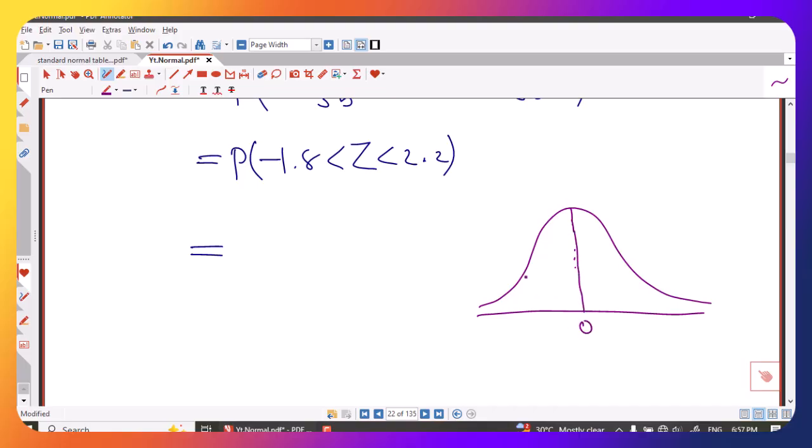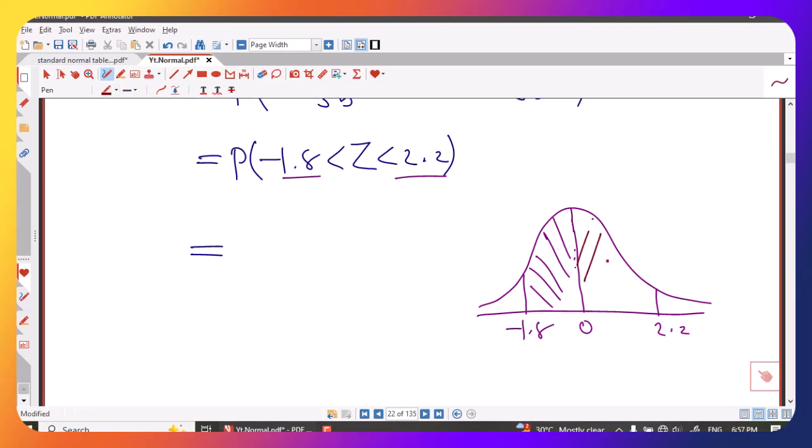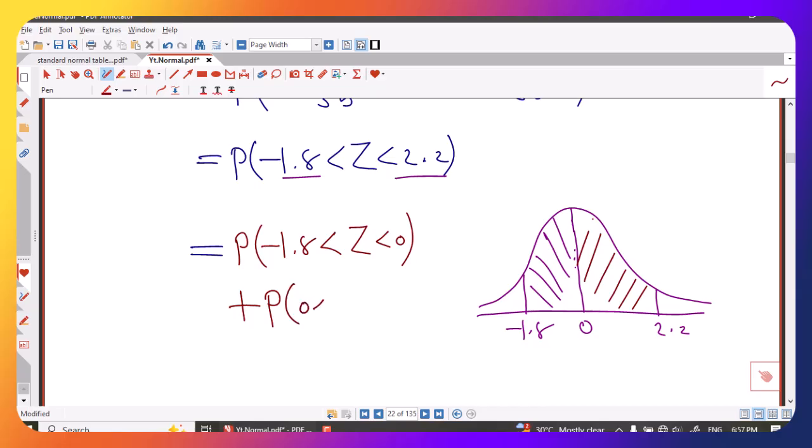Suppose this is 0, here somewhere I have minus 1.8, and suppose 2.2 is somewhere here. So the area between minus 1.8 and 2.2 is nothing but the sum of these two areas: the area from minus 1.8 to 0 and the area from 0 to 2.2. So let me write this as minus 1.8 less than Z less than 0 plus 0 less than Z less than 2.2.